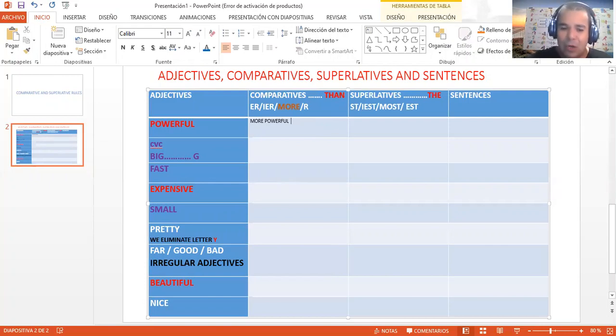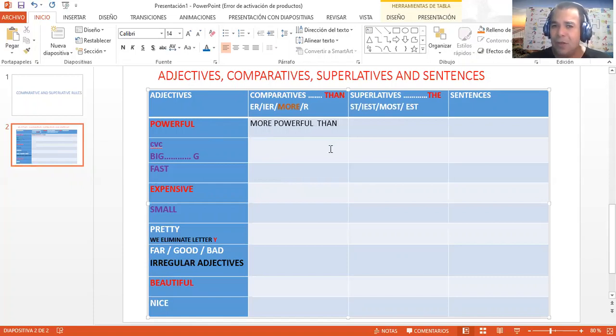So that one is gonna go at the end of this structure. So that's the comparative form for this adjective, more powerful than. So that's the way that we change powerful into the comparative, more powerful than.